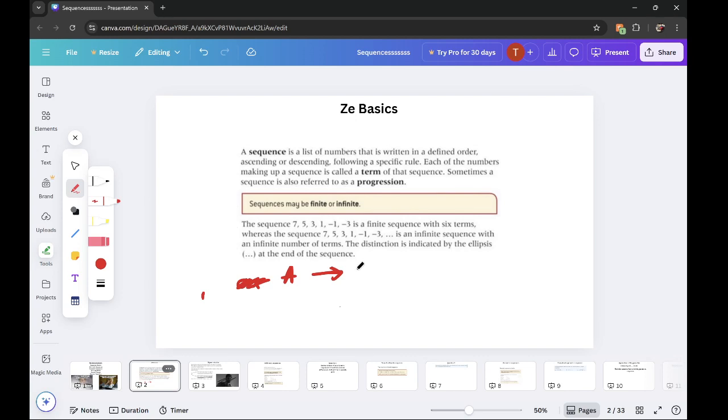So, let's say over here 7, 5, 3, 1, -1, etc. This is an example of an arithmetic sequence, and this consistently goes down by -2 and -2 again. Sorry, this is 3 over here, and then another -2, and then another -2. So this is going down by a common difference.